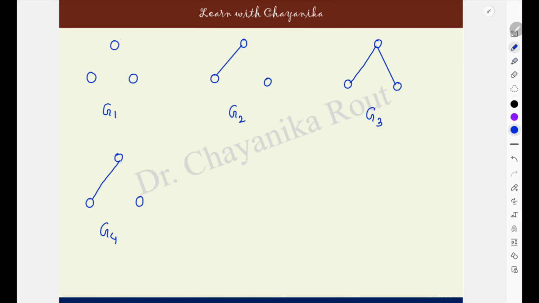Now I can draw 3 edges. This is another graph that is non-isomorphic to all the other existing graphs. That is, G1 is non-isomorphic to G2, which is non-isomorphic to G3 and which is non-isomorphic to G4. So we have a set of 4 non-isomorphic graphs, each having order 3. We don't have any other graph of order 3 that will be non-isomorphic to all these 4 graphs. Okay, so this is it.